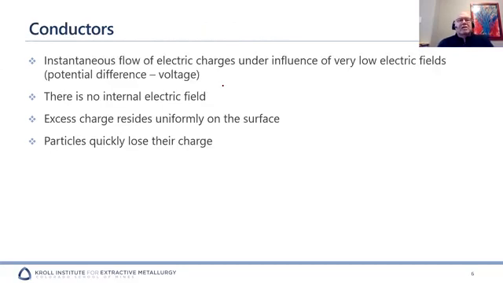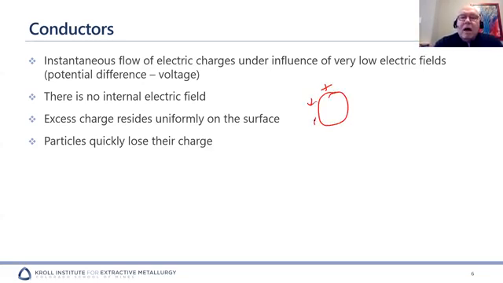So what is a conductor? A conductor allows the instantaneous flow of electric charges under the influence of low electric fields or under low voltage. So there is no internal electric field, and the charges reside uniformly on the surface.